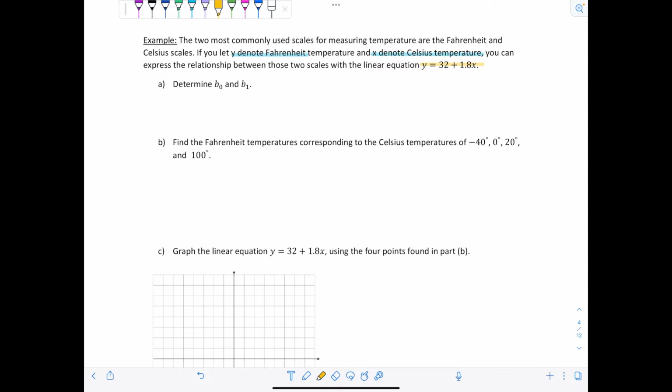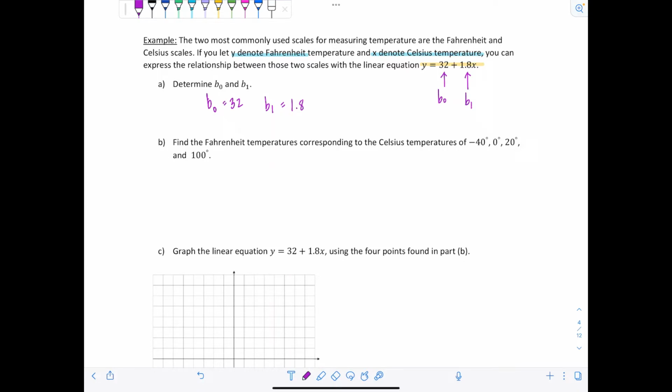Determine b0 and b1. So they want the y-intercept and the slope. The y-intercept b0 is 32, the constant that's just being added, and b1, the slope, is 1.8.